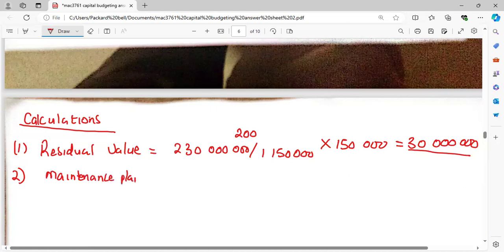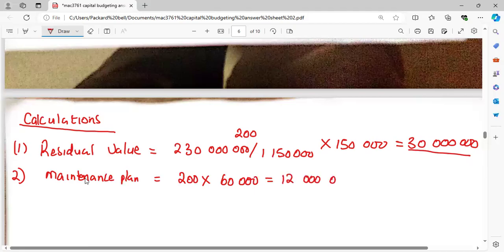So the first 3 years are free, which means we have 200 buses times 60,000. How much are we going to have as our maintenance plan for year 4? 12 million.